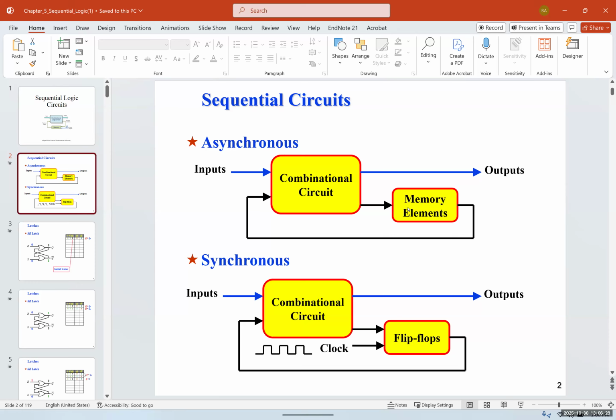Now, one physical example that I give to the students that makes them understand this better: think of the asynchronous system as a bunch of dominoes that you put in series, okay? And imagine each of the dominoes is a logic circuit.